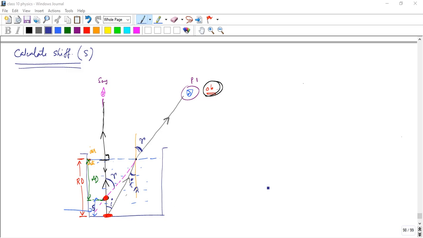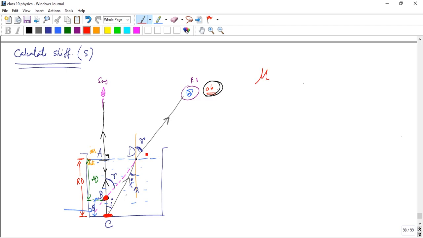Okay. So now this is basic algebra actually. There is a point named A, that is point B, C, and this point is D. So from Snell's law, you know that Snell's law said refractive index of medium.